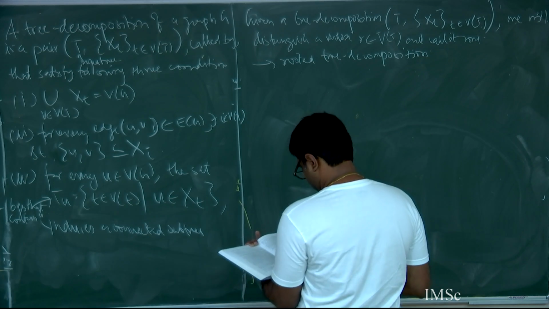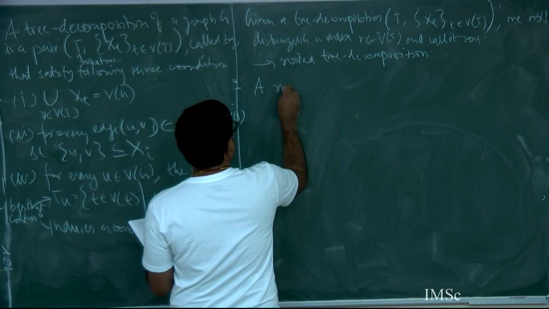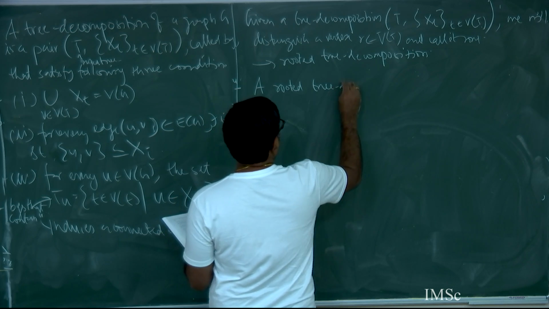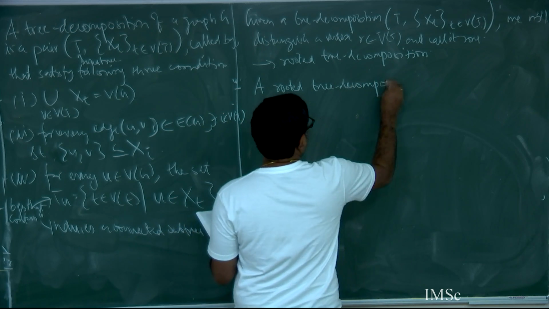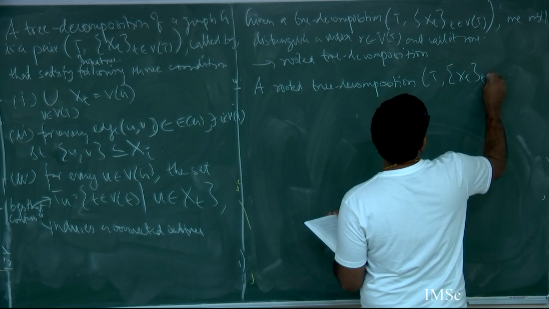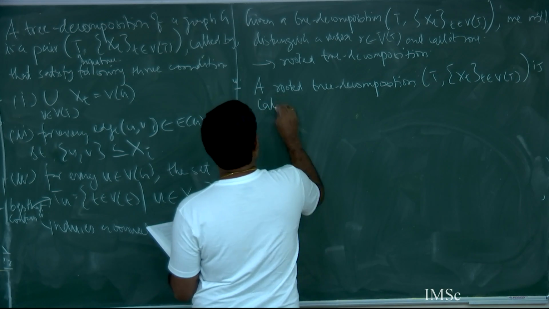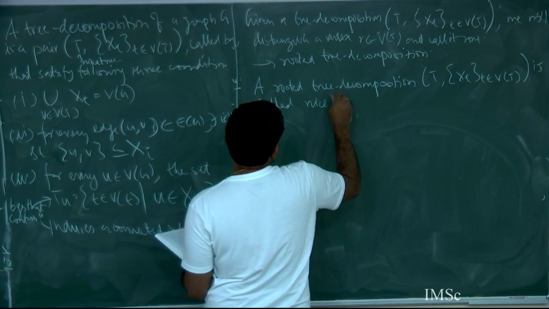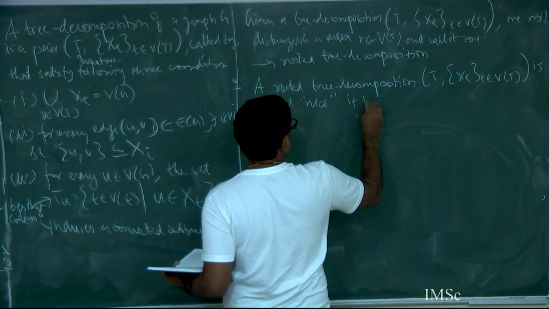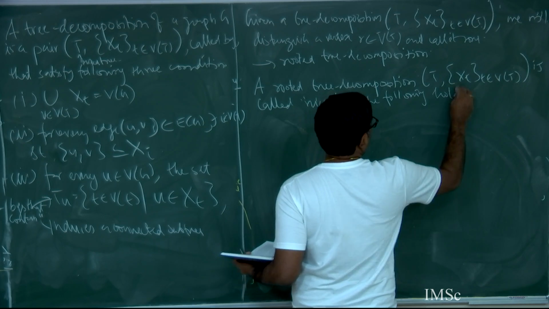Now what does it tell us? A rooted tree decomposition is called nice if the following conditions hold.